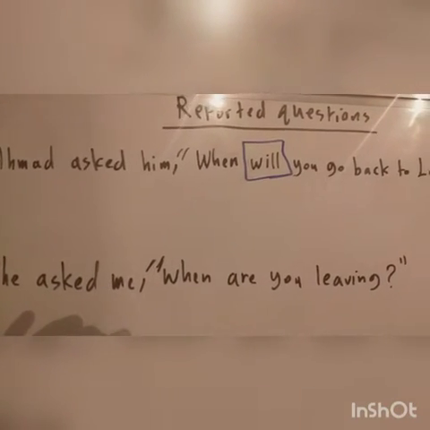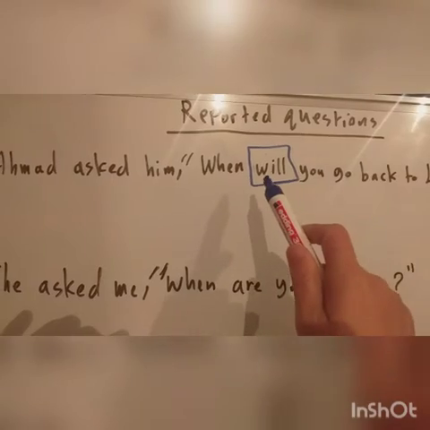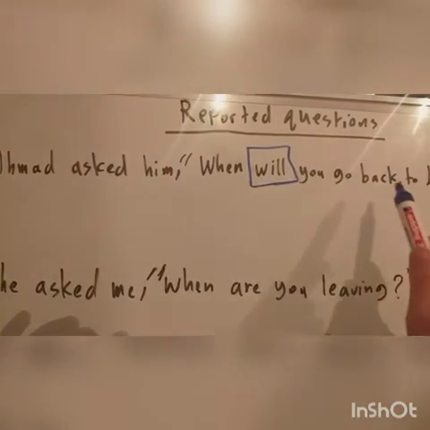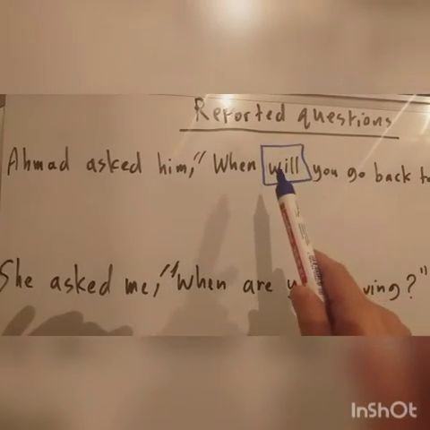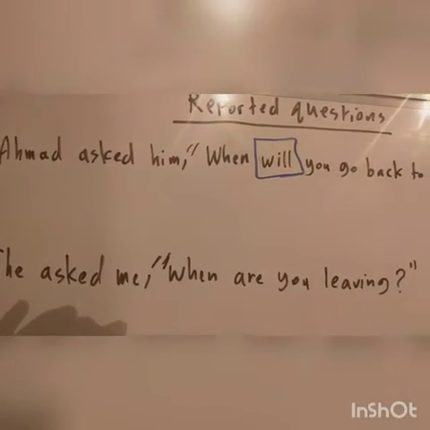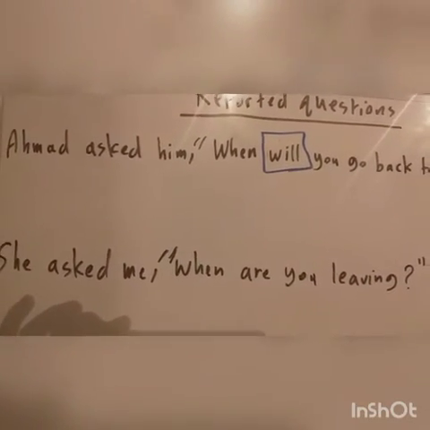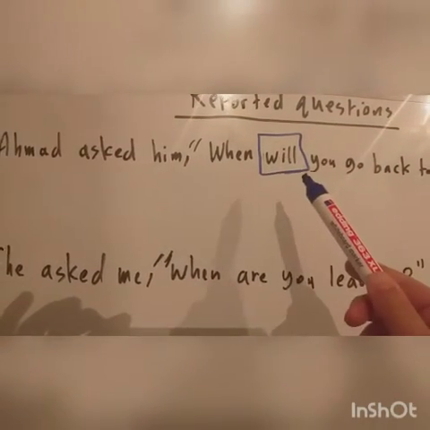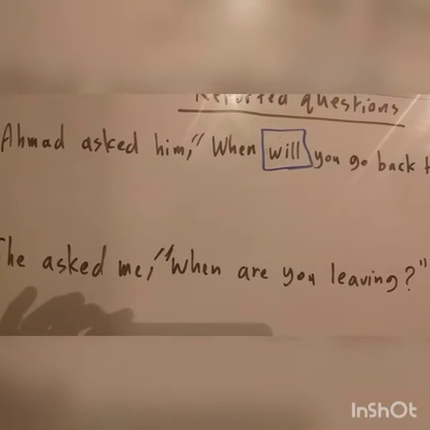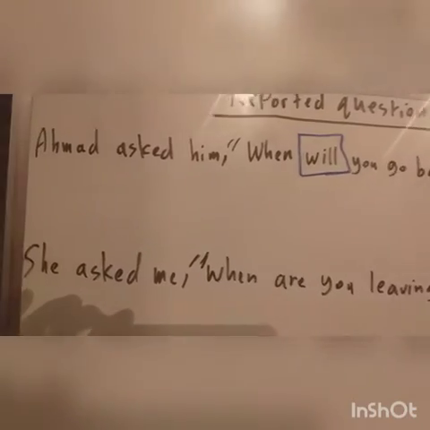In questions, they come in the first place. We change the order of the words inside the sentence. So we start the questions with the verb to be, modal verbs, and the auxiliaries. When we report questions, we have to return the modal verbs and the auxiliary verbs to their original order.